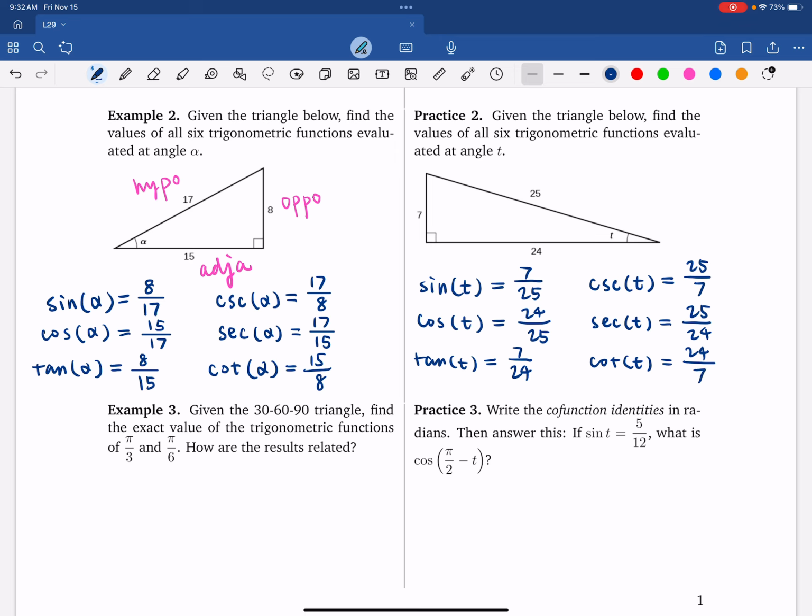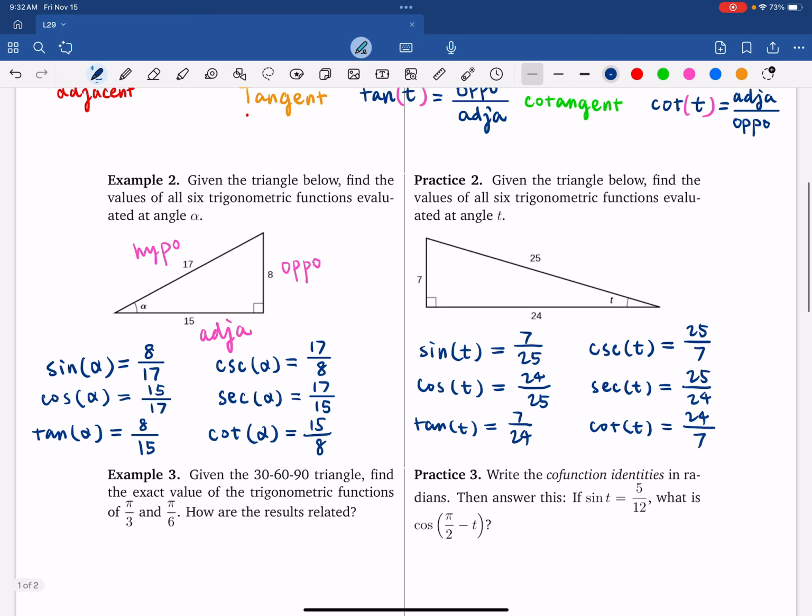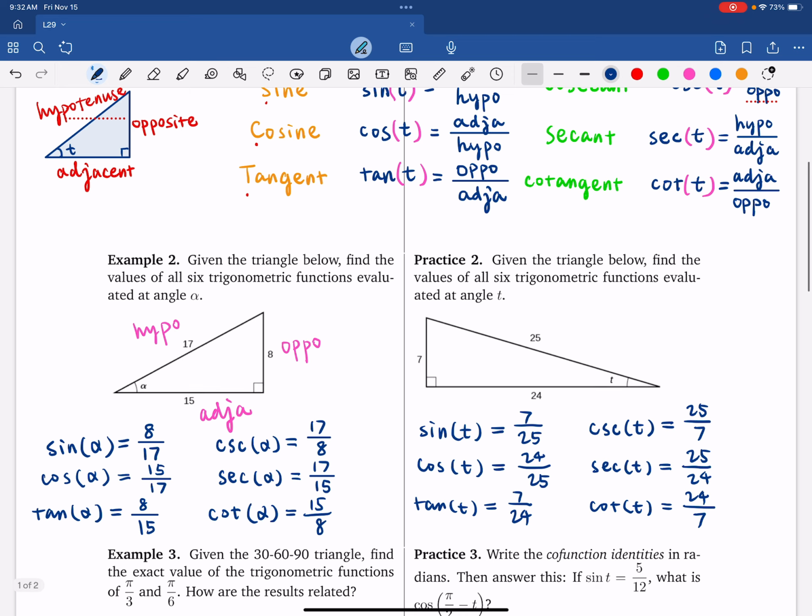If they are not right, go back and check where you made your mistake. And I would do these 2 problems repeatedly until you master these 6 trigonometric functions, how you get them from a right triangle. Okay, because this is like the foundation of trigonometric functions, and you definitely need to know this in order to do other problems.